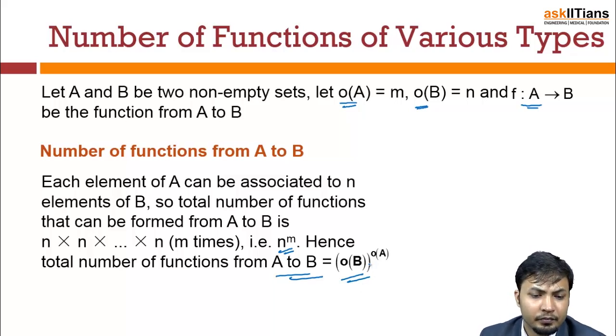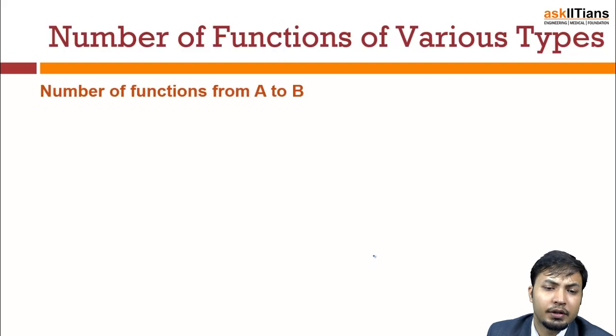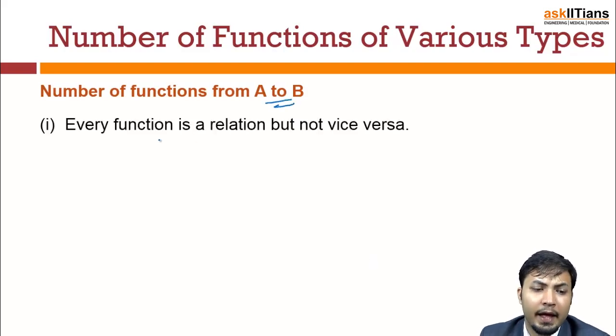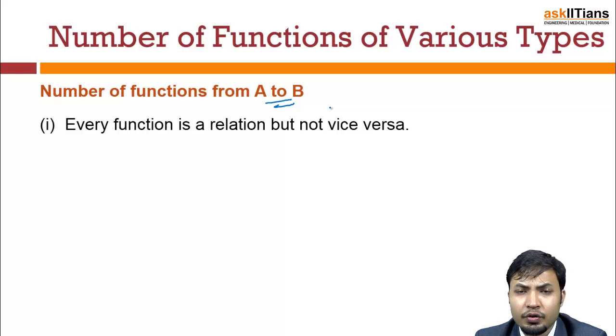Now, every function is a relation but not vice versa. Up till now you might have felt that a function is just like a relation. So every function is a relation, but not every relation is a function.